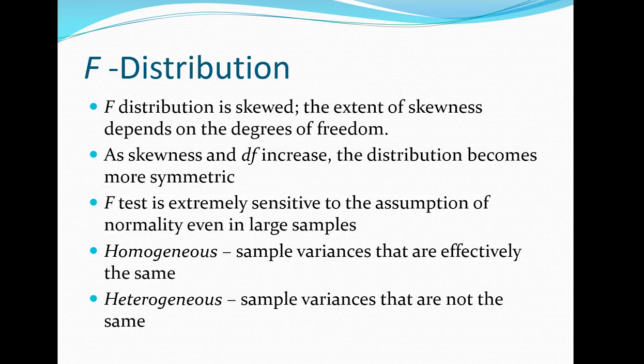A sample is said to be a homogeneous sample when the sample variances are effectively the same. The opposite, of course, is that it is heterogeneous if the sample variances are not the same.